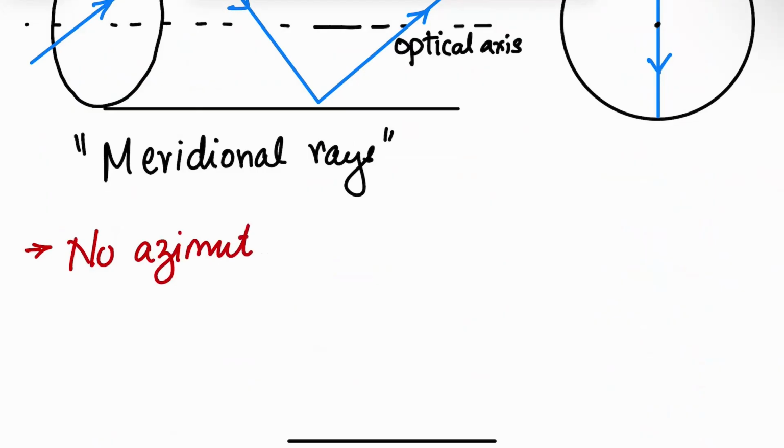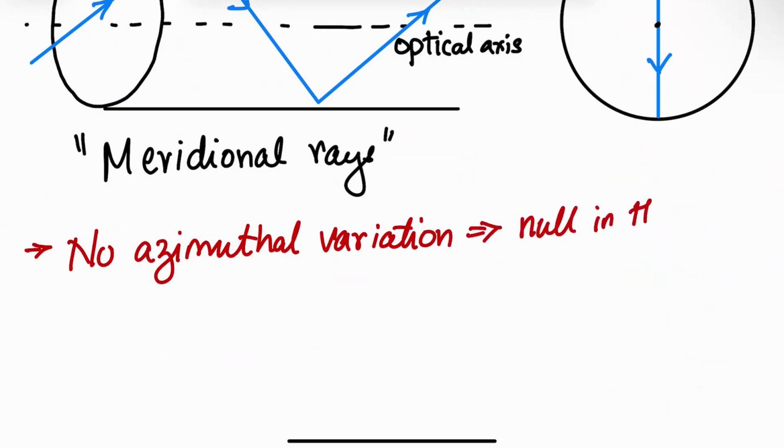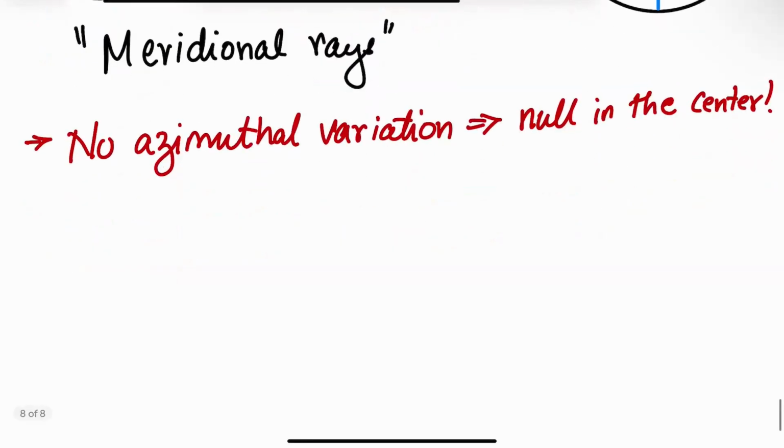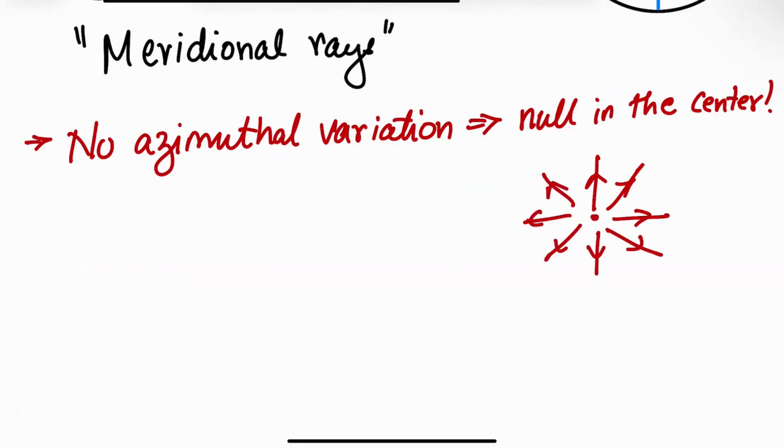No azimuthal variation implies it has a null in the middle. Right? It has to be, because the mode is either going out that way, in which case the field has to be zero in the middle, or it has to be going around in a circle.